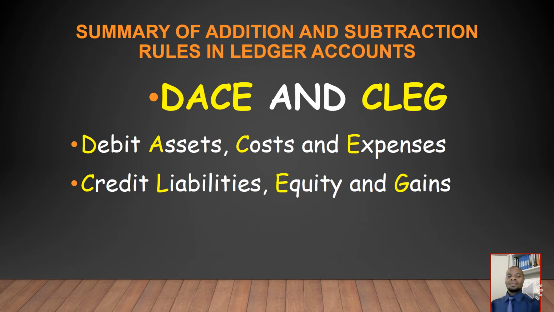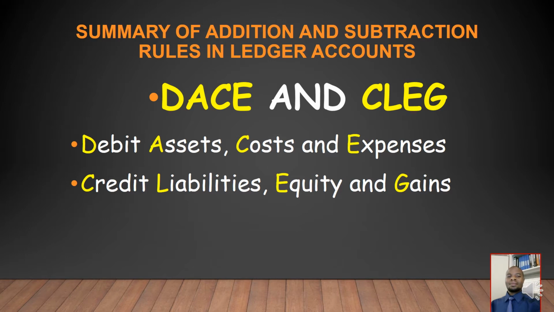We also discussed that if you want to add to an asset, to a cost, and to an expense, what do you do? You debit those respective accounts. And if you want to subtract from assets, costs, and expenses, you credit these accounts. If you want to add to accounts of liabilities, equity, and gains, you simply credit these accounts.